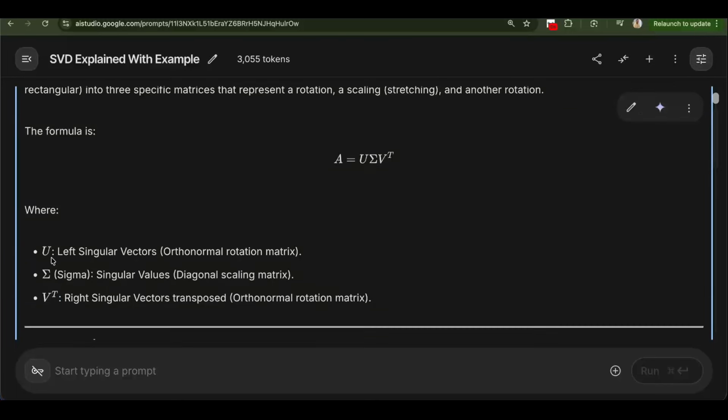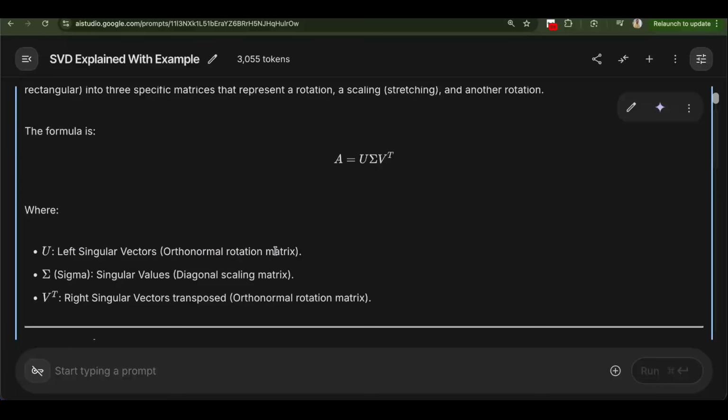U is called the left singular vectors, an orthonormal rotation matrix. It's orthonormal because it's a rotation matrix, so that means that if you look at each row of this U matrix as a vector, those rows or vectors will be perpendicular to each other, 90 degrees.